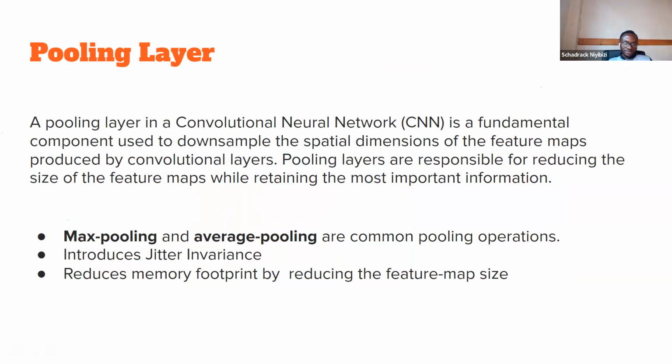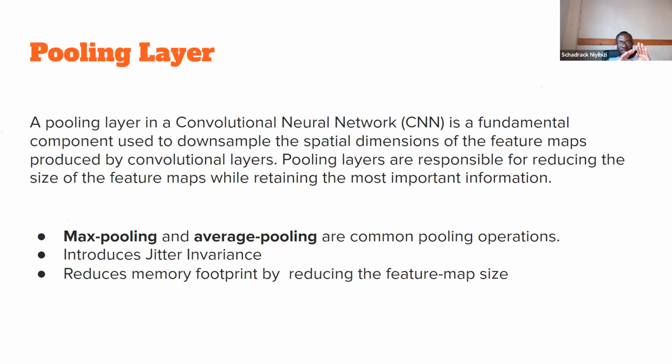Okay, so the pooling layer. The pooling layer is one of the fundamental components of a convolutional neural network. The main purpose of the pooling layer is to reduce the size of the input, but also still maintain the best features we can use instead of considering all the features.